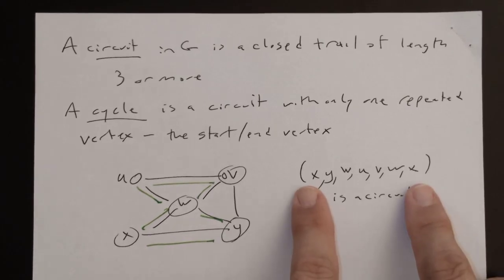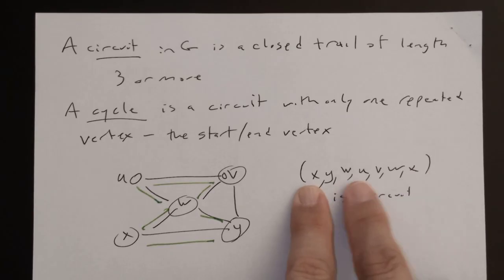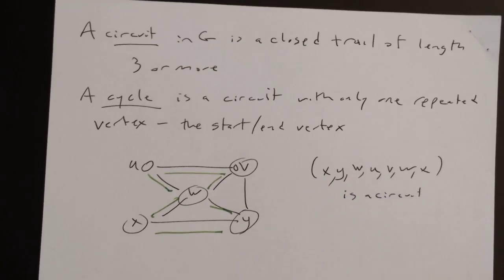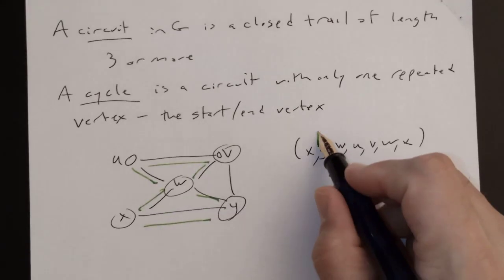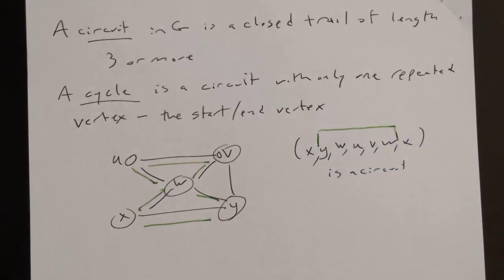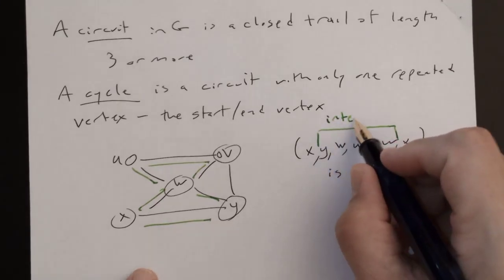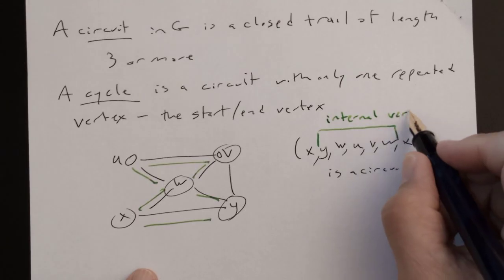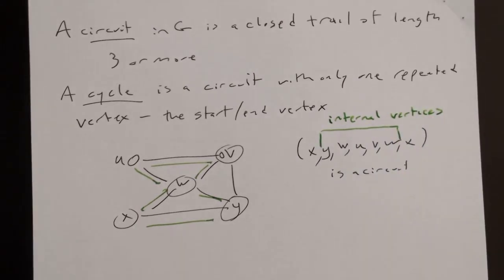But this is our starting and ending point, the way I've written it. That makes these internal vertices. Those are the ones other than our start and end.